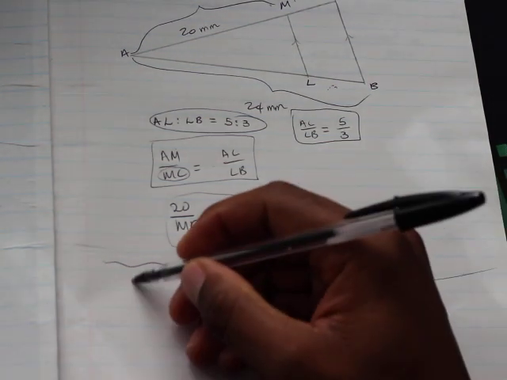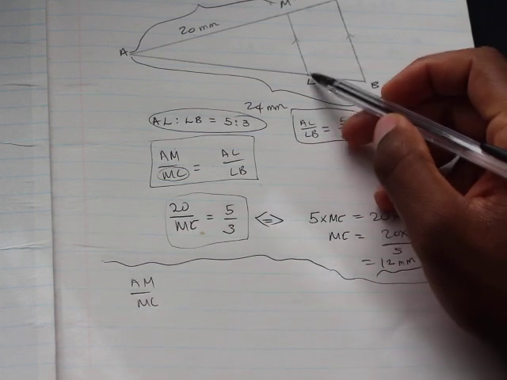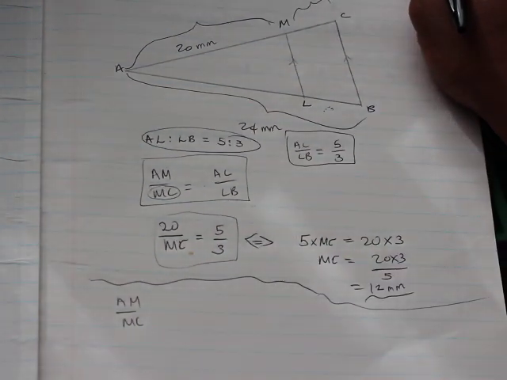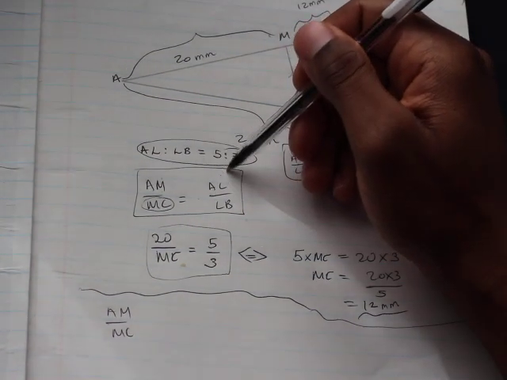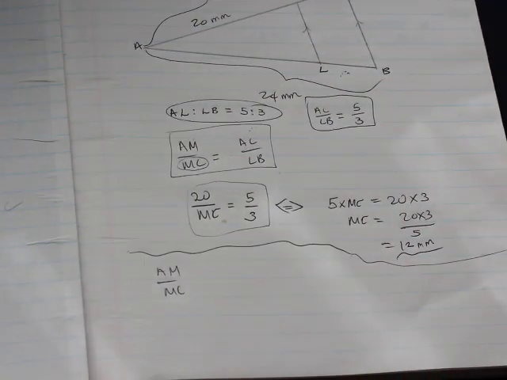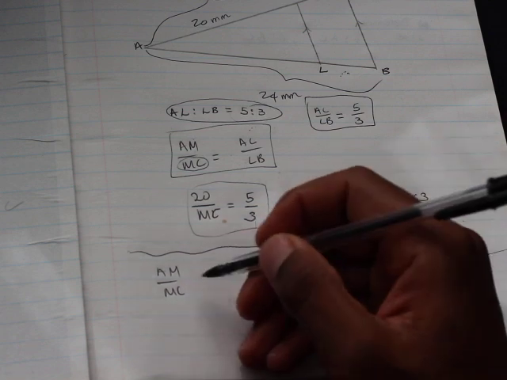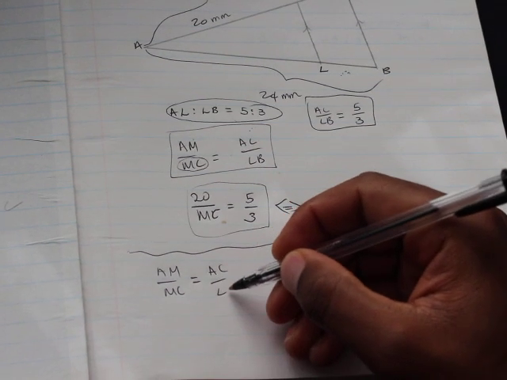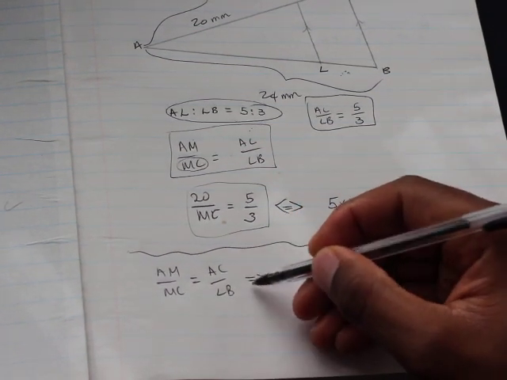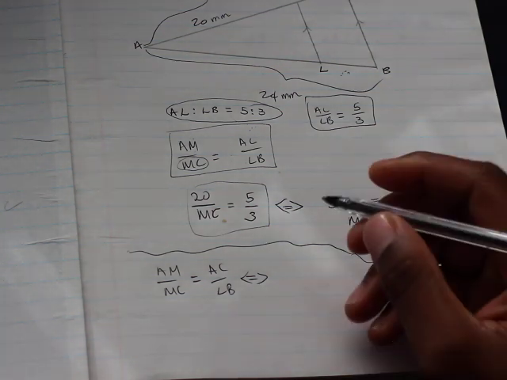AM over MC is not going to change as long as the side ML is parallel to BC or CB. This will remain true according to our proportional intercept theorem. So AM over MC is equal to AL over LB, and now we've got an additional piece of information that our MC is 12 millimeters.